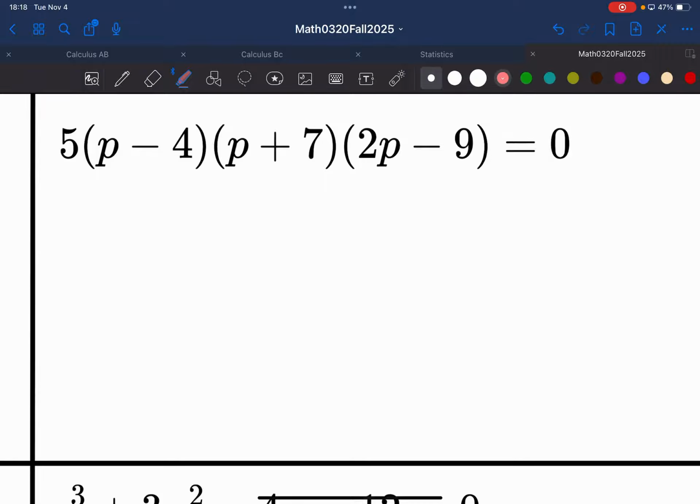So just by looking at this, how many solutions are we going to have? 3. 3 solutions. And then as soon as you find those solutions, go ahead and compare with your neighbor.